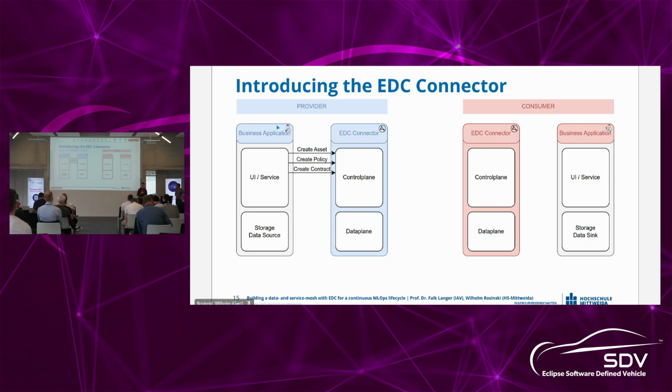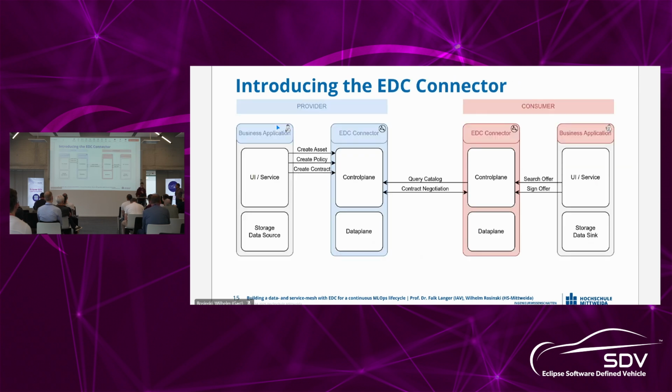And then at last a contract has to be created in the connector, and this contract bundles the asset and the two policies, the access and the usage policy. If we have a contract, the offer of the data is accessible in the data space.